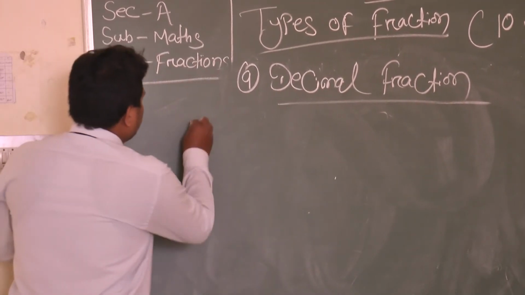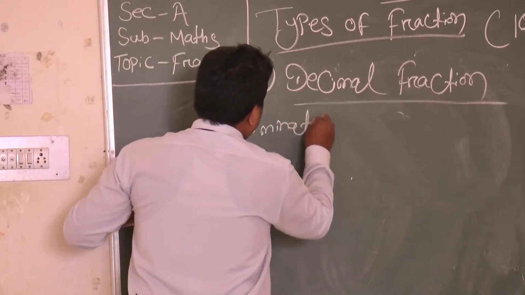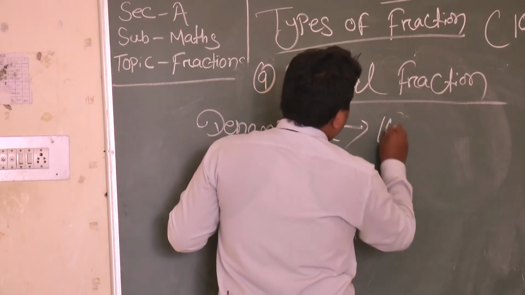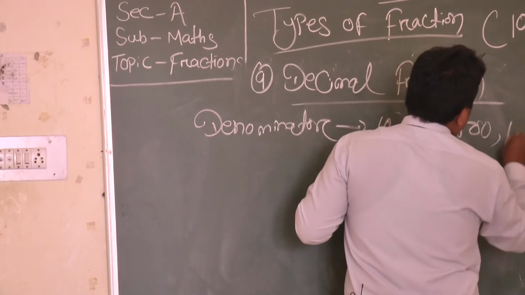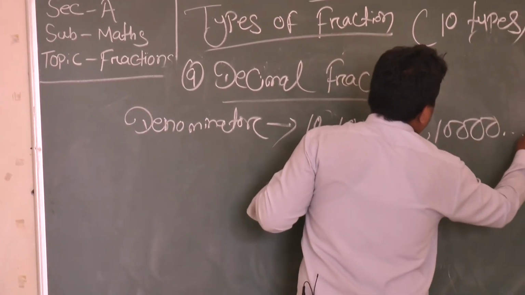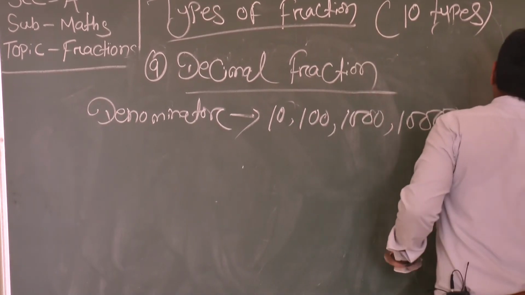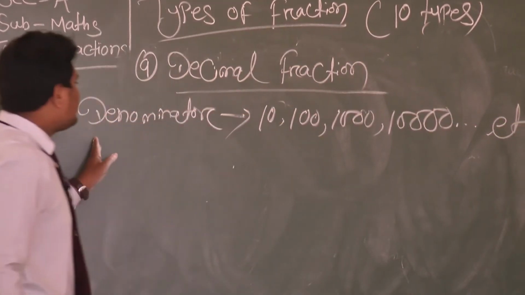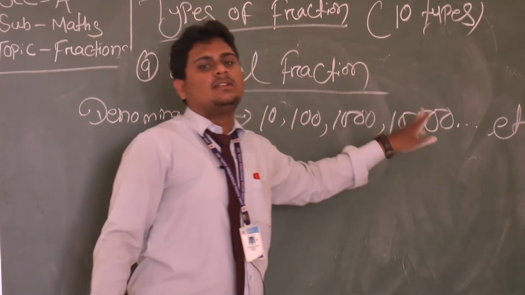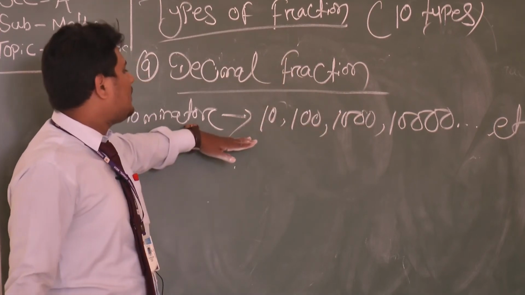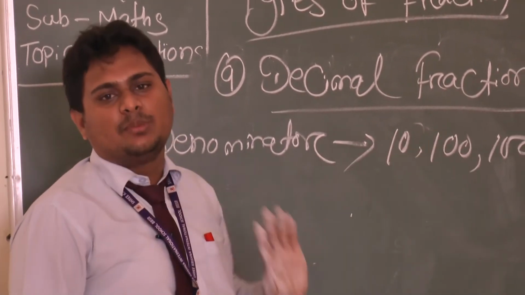Now decimal fraction means the denominator should be 10, 100, 1000, 10,000, etc. Okay, like them. So if the denominator in the form of 10, 100, 1000, 10,000, whatever may be, if that type of denominator is present in a fraction, that is known as decimal fraction.